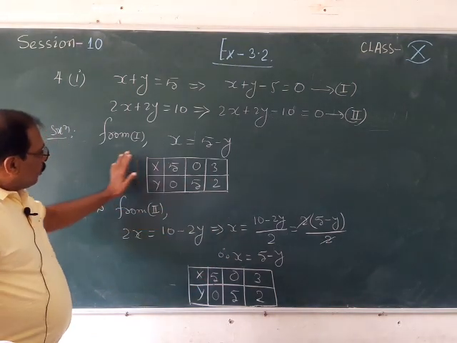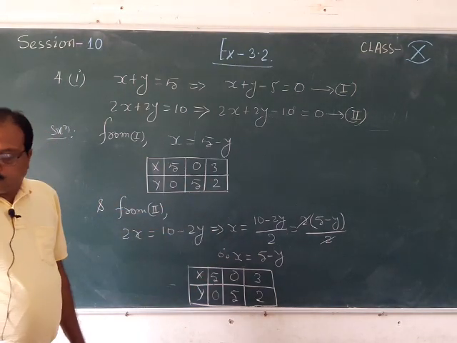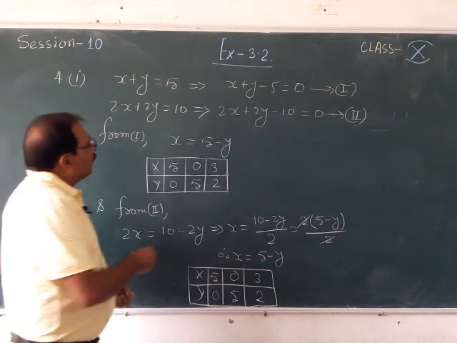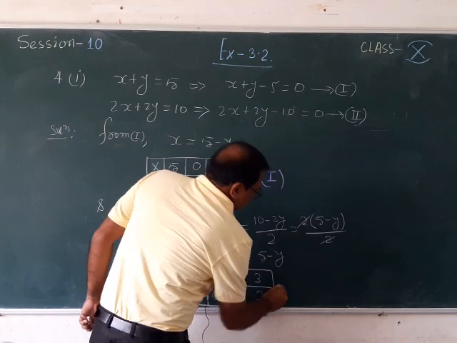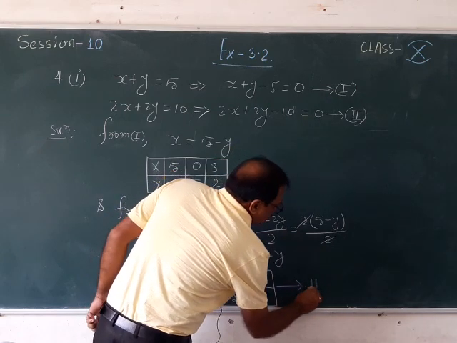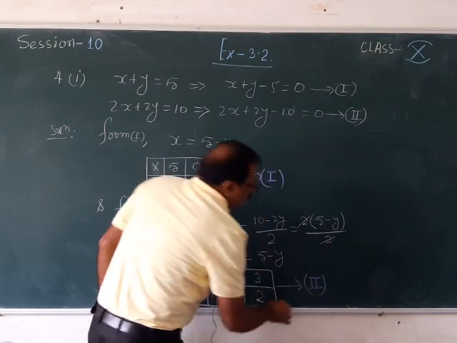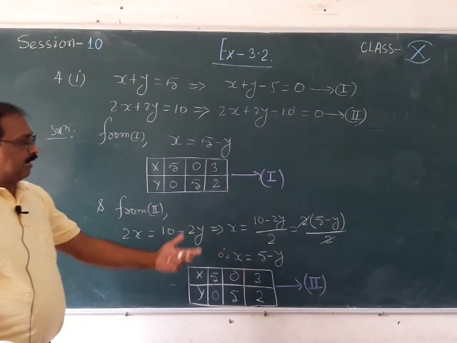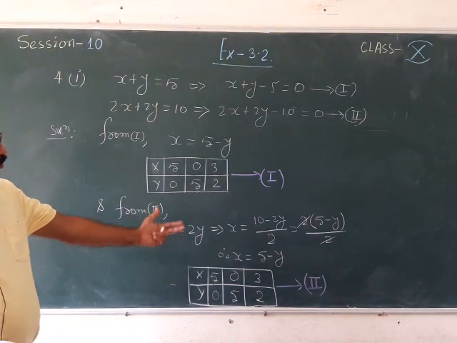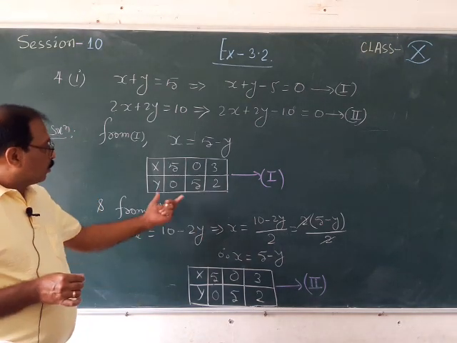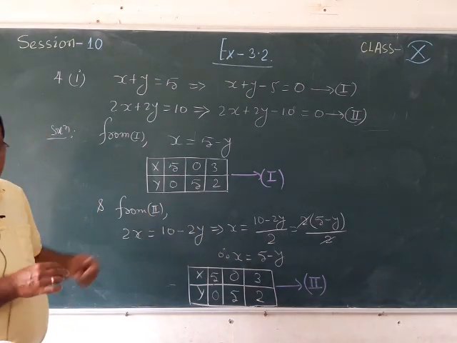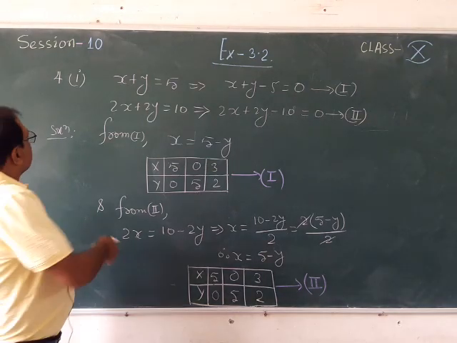Okay, now you have to plot the graph for first and second. So this is the solution set for equation number 1, and this is the solution set for equation number 2. So you have to point the solution sets like this. Then you have to take your graph sheet and represent these solution sets on it.